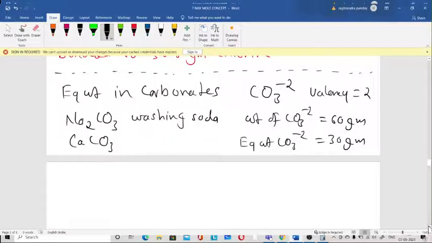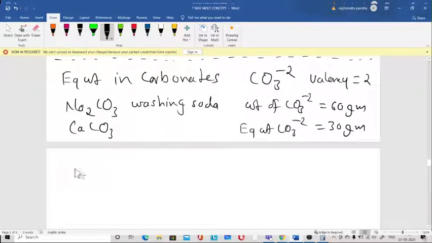So according to the definition, same definition we will use.